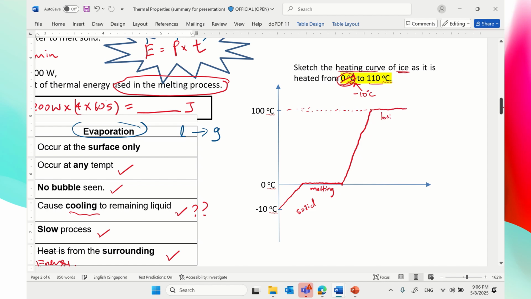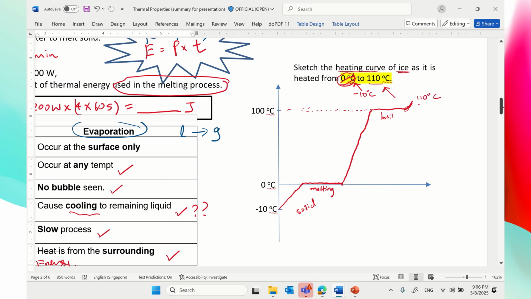It starts to boil. After it completes boiling, because we are heating beyond 100, we are going up to 110. So if you continue heating it, after boiling, it has all turned to gas already. You continue to heat it, then the temperature will rise a little bit more to 110 degrees Celsius.